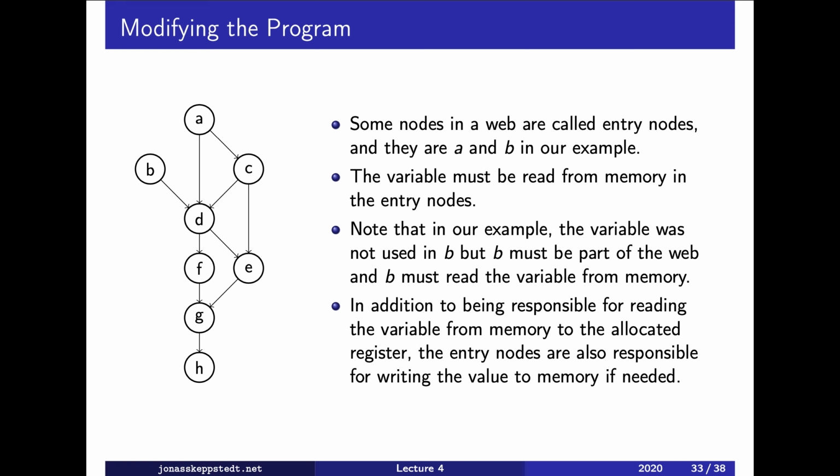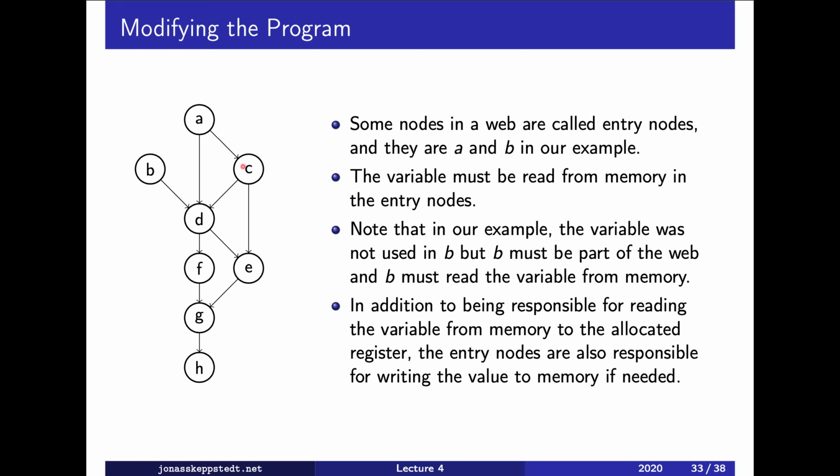So when do we have to load and store the global variable? It's in the entry points. That means H and B. In H and B, the variable is loaded into this register, which is used in all the functions in the web.